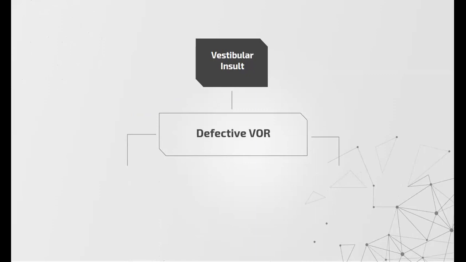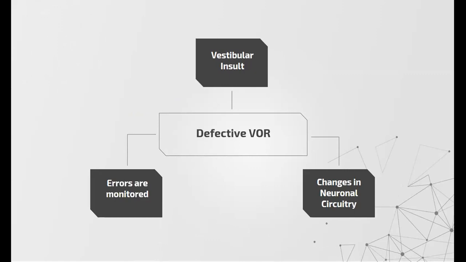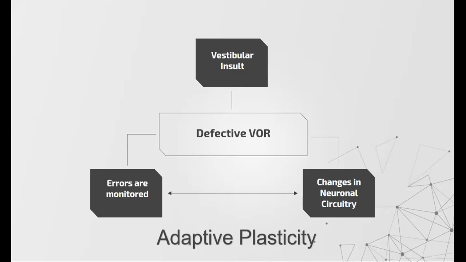Let us assume that a patient has a vestibular insult. What will happen? The VOR will be defective on that particular side. The brain monitors the error, like retinal slip, and changes the neuronal circuitry. This is done in real time. This is exactly known as adaptive plasticity of the vestibular system.